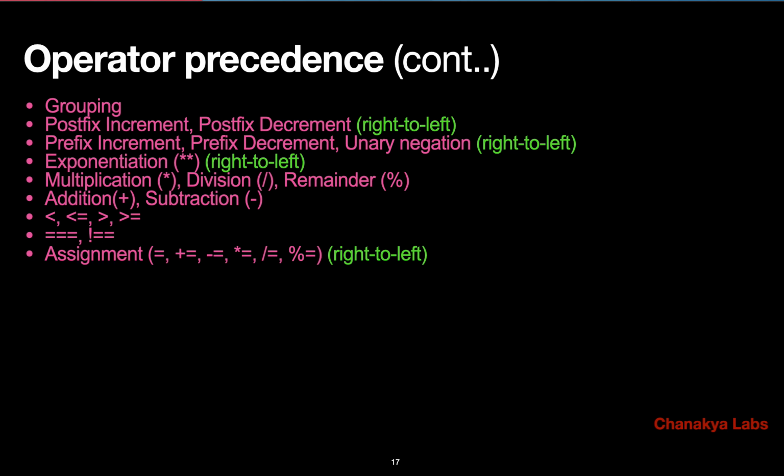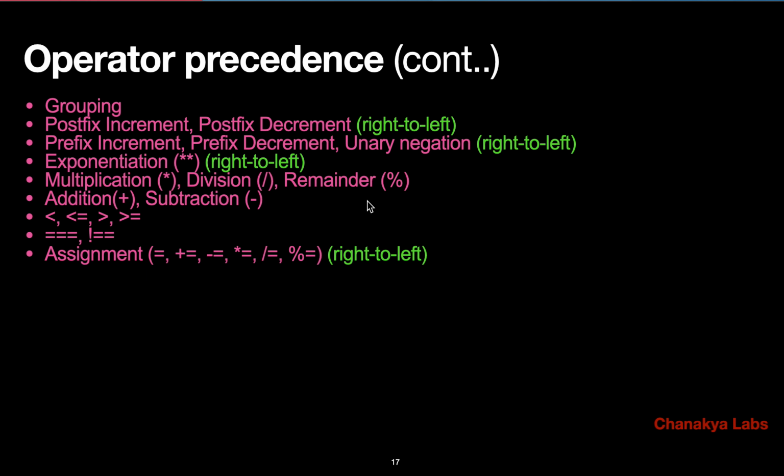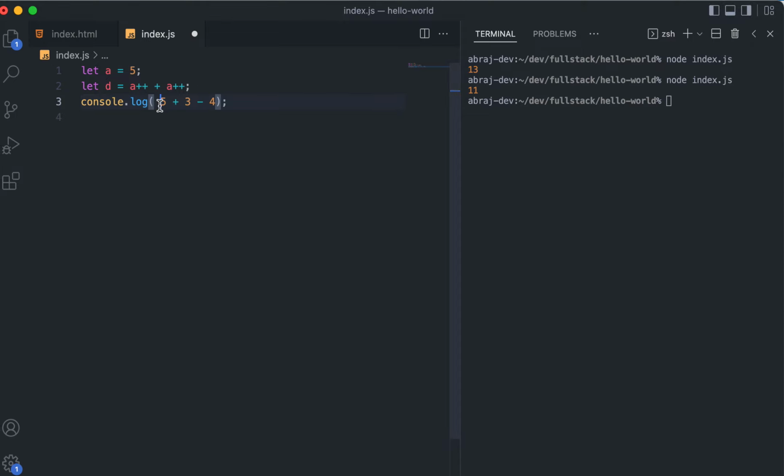I will give you an example of that. But at other places where it is not written, it is from left to right. So in this case, as you can see, for addition or subtraction we have not written that, which means that by default it is left to right. Left to right means that firstly 5 plus 3 is executed and then 4 is subtracted, rather than 3 minus 4 being minus 1 and then minus 1 being added to 5. That is not the case here. It is executing from left to right.